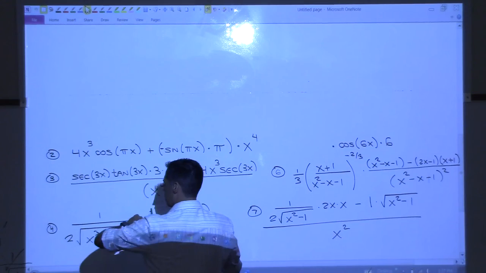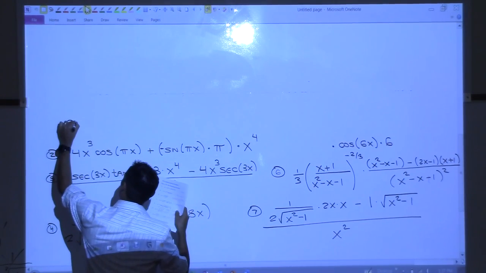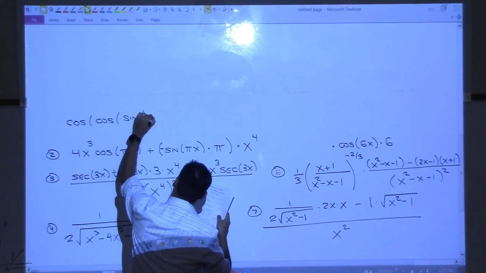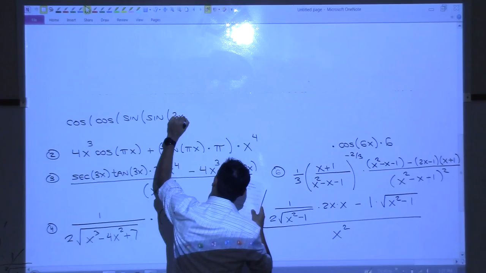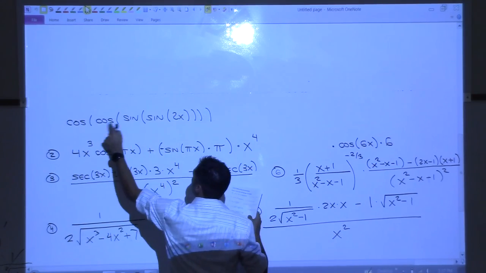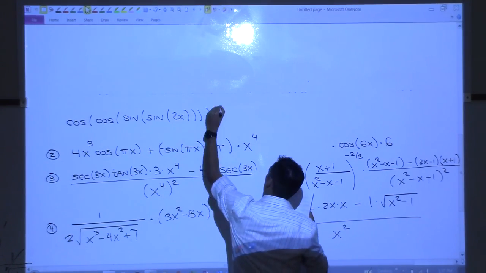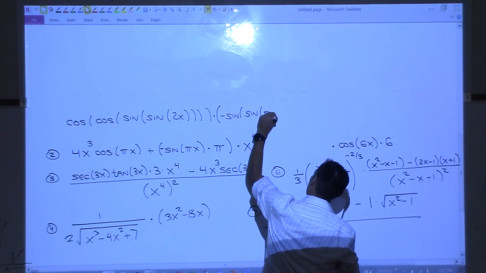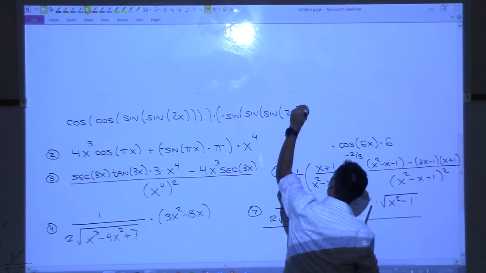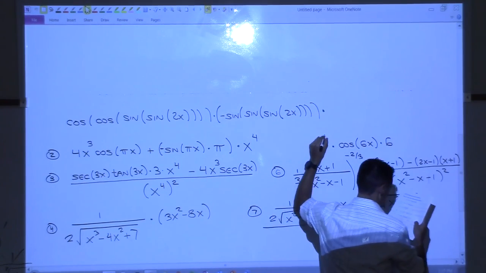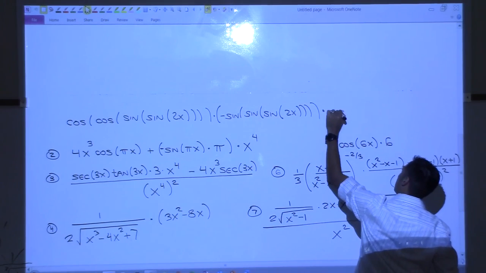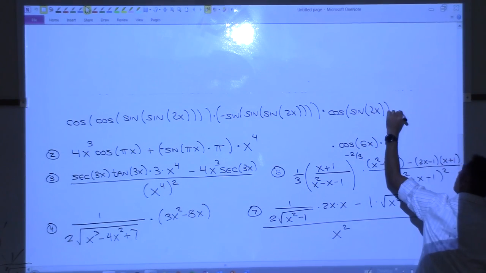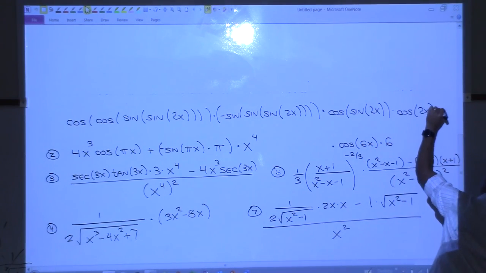So it is cosine of sine of 2x, 1, 2, 3, 4, okay, times negative sine of 2x, 4 of them there, times cosine of sine of 2x, close, and finally cosine of 2x times 2.